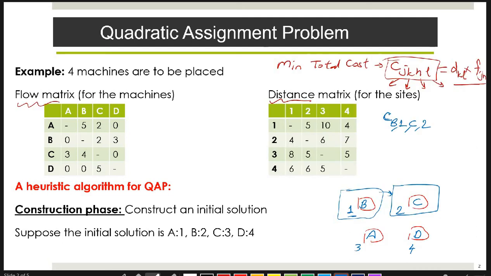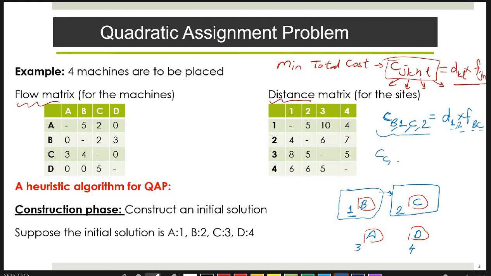I will be using this cost, and actually this cost is equal to the distance between site 1 and 2 multiplied by the flow from B to C. But again, this order is important because this cost is different than this cost.